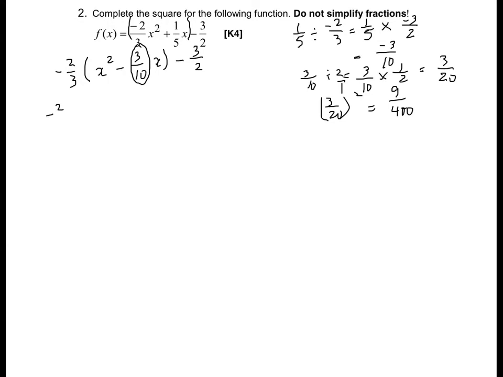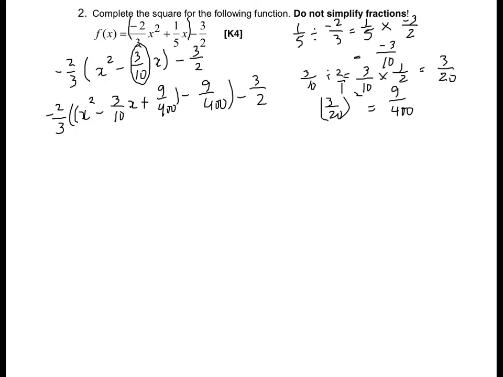So this becomes negative 2 over 3 x squared minus 3 over 10 x plus 9 over 400 minus 9 over 400 minus 3 over 2. Remember, you always write addition first and then subtraction. Now I'm going to group the first three terms together, put a bracket around them.